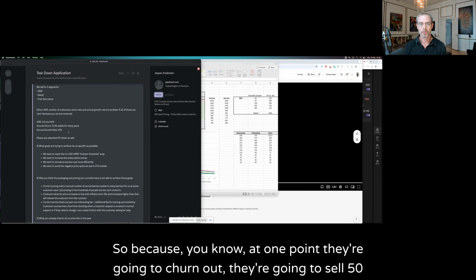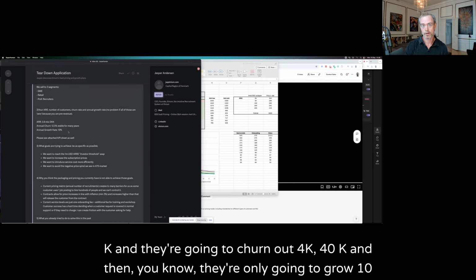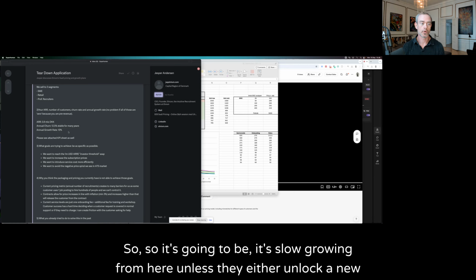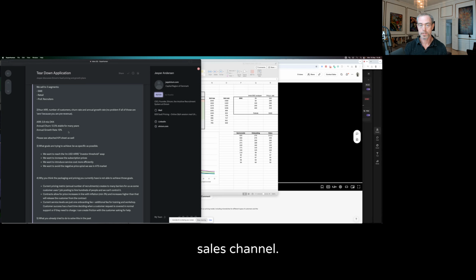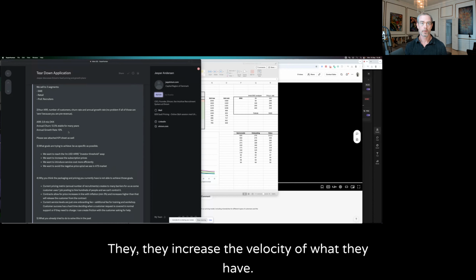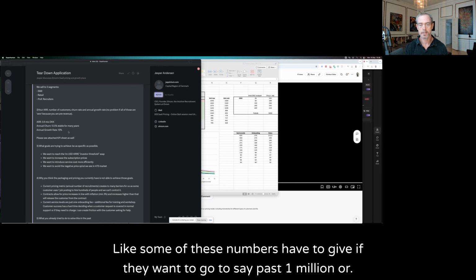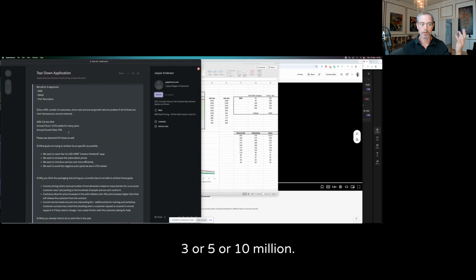Because at one point they're going to sell 50k and they're going to churn out 40k, and then they're only going to grow 10k that year. So it's slow growing from here unless they either unlock a new sales channel, increase the velocity of what they have, increase the value of the customers they have, or reduce the churn. Some of these numbers have to give if they want to go, let's say, past 1 million or 3 or 5 or 10 million, right?